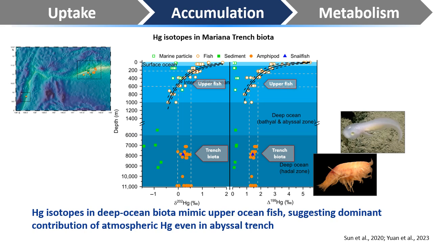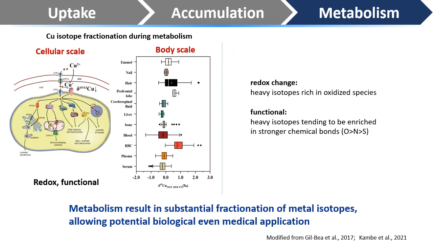So this also indicates that human-emitted mercury can even reach the deep ocean after atmospheric transport and also deposition.